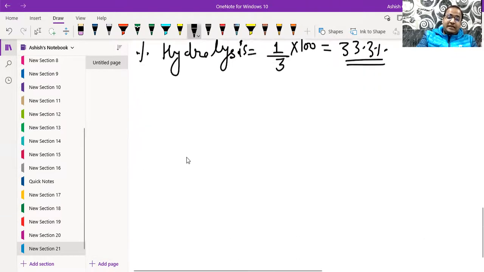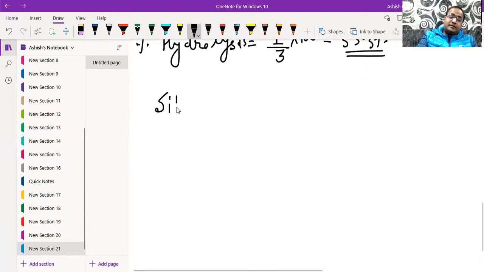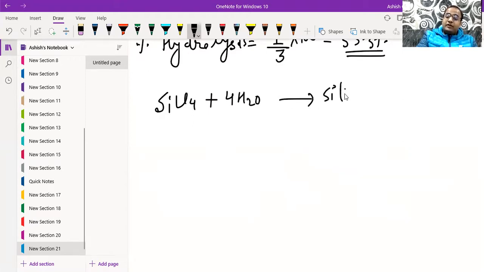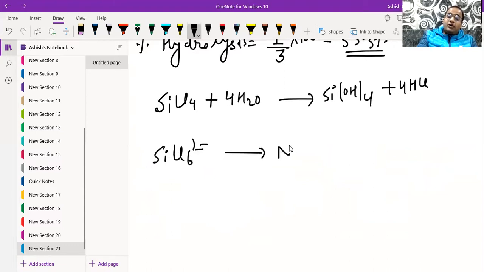In the same case, you can also think, sir, when SiCl4 undergoes hydrolysis, I only get Si(OH)4, that is silicic acid, plus I will get 4 moles of HCl. Now I want to know why I am not getting SiCl6 2- here. Because of steric crowding, this form is non-existing, or I can say its existence is very low due to very high steric hindrance.